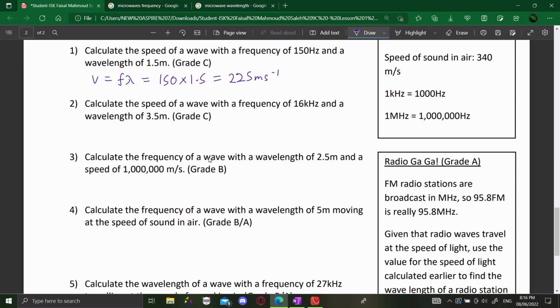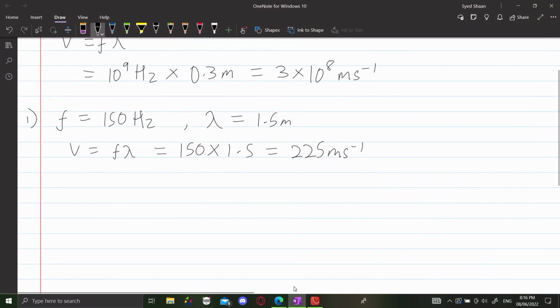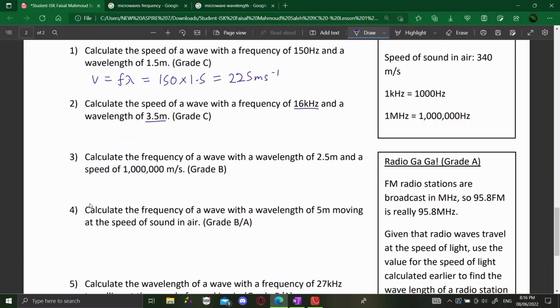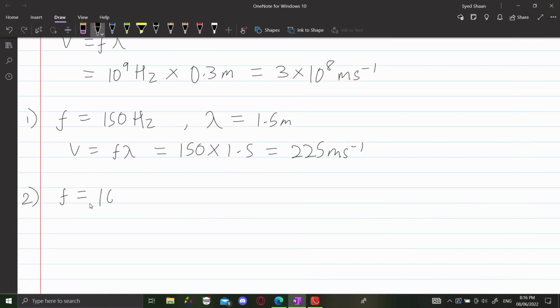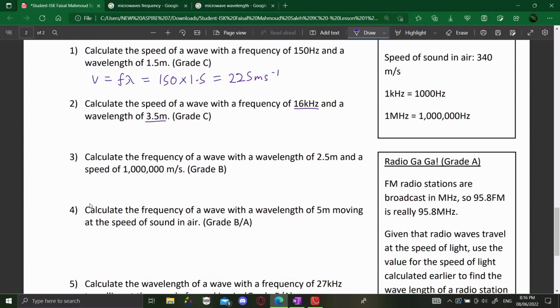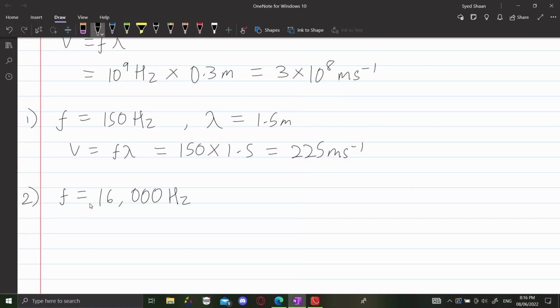The speed of the wave with frequency 16 kilohertz and wavelength 3.5 meters. So kilo is just 10 to the power of 3, so that's 16,000 hertz. Our frequency is 16,000 hertz, and our wavelength is 3.5 meters.